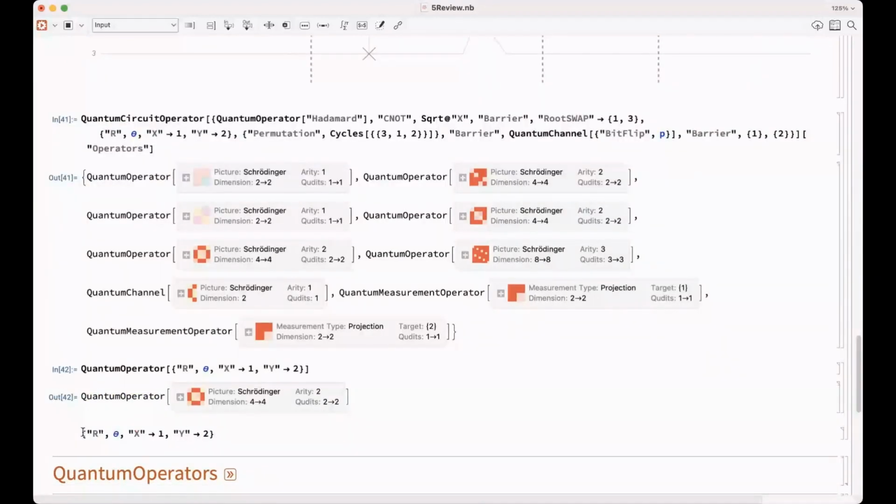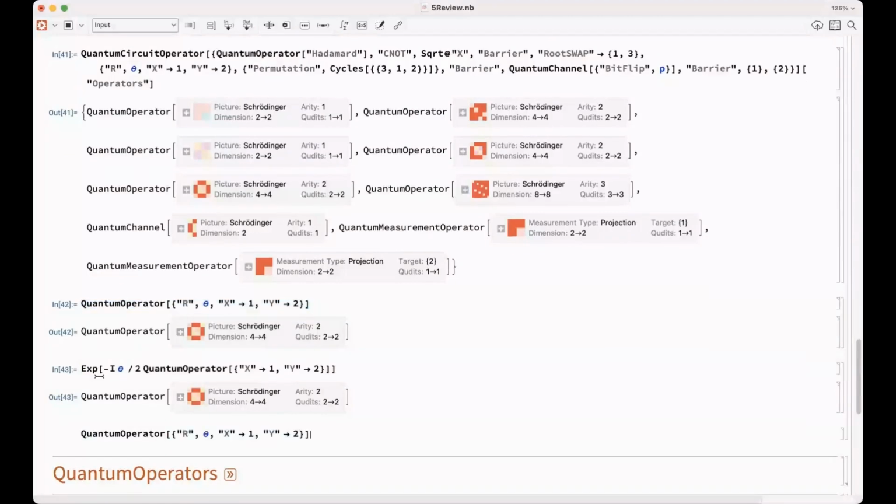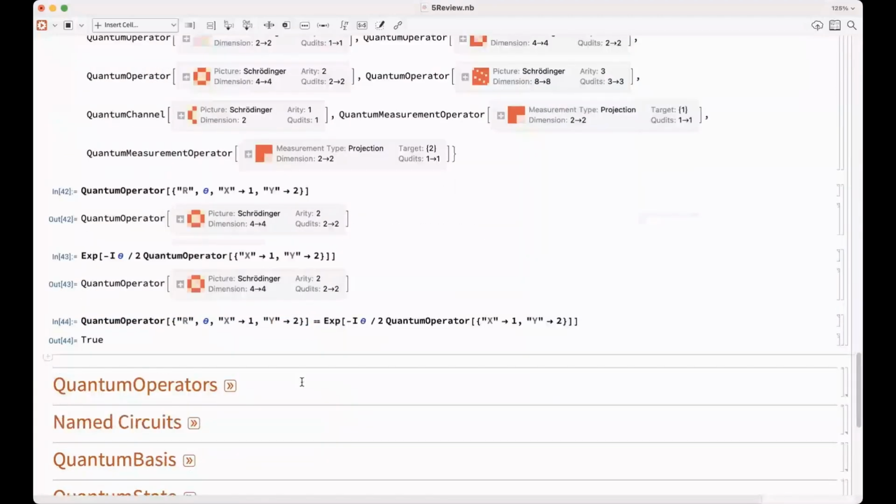This is basically the exponential of a negative identity. We can do it manually if you like. In a sense, it's very bad terminology in the literature, but that's how people talk about that.